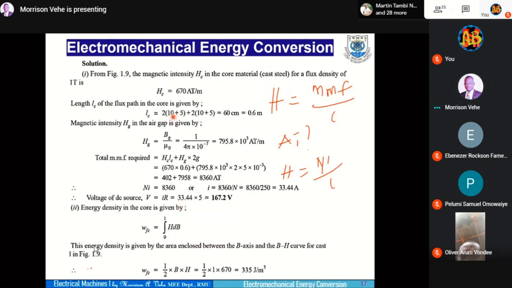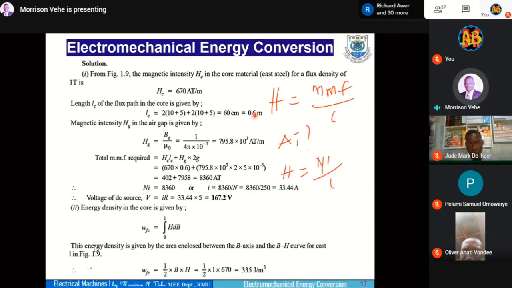So that's twice the 10 for one sectional dimension, plus twice the 10 for the other section, and then twice the 5 for the first section and the other section. By the time we do that, we get 60 centimeters. We divide by 100 to get meters. So that is what we get here.